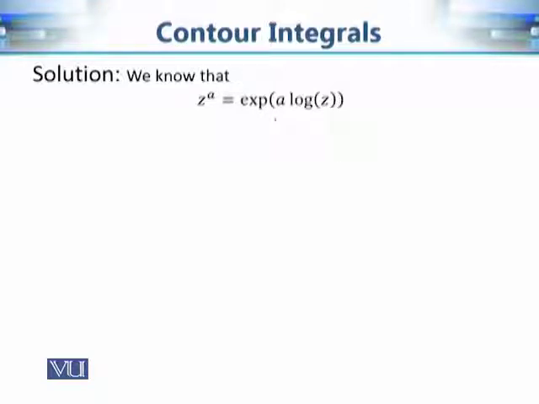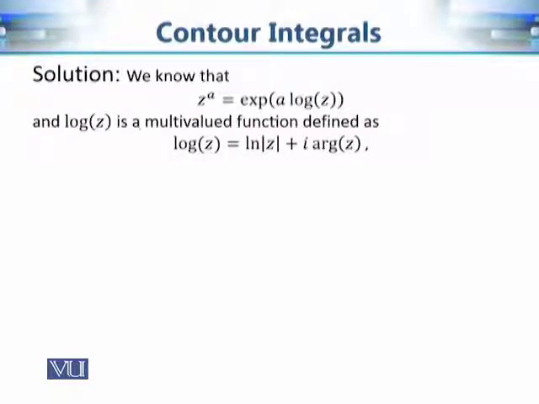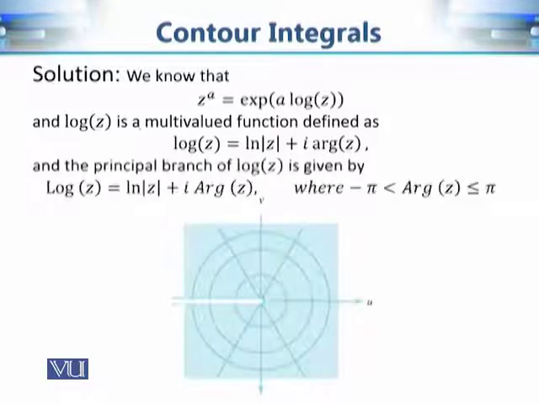Okay, and we know how we define log of z. So this is equal to natural log of the modulus of z plus iota times argument of z, and we know that argument of z is basically a multivalued function, and hence this log z is a multivalued function. Now we can calculate its principal branch, and in this case the principal branch is given like this.